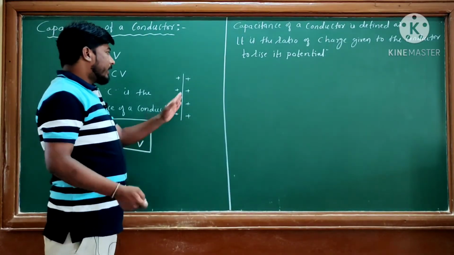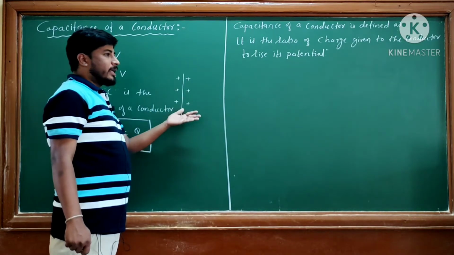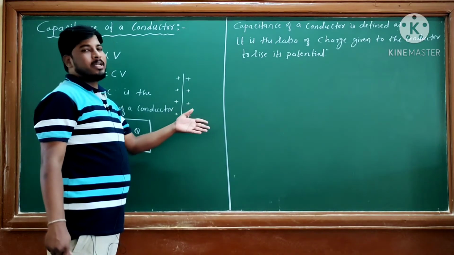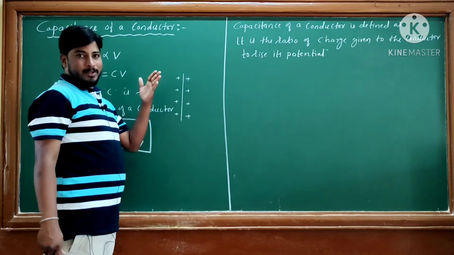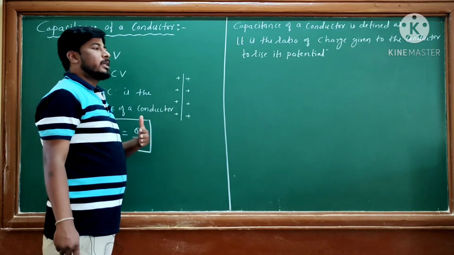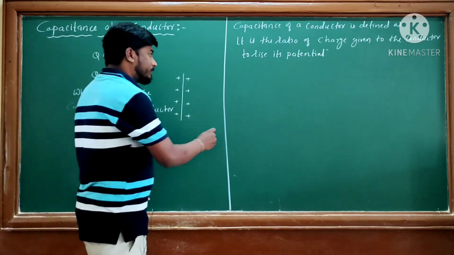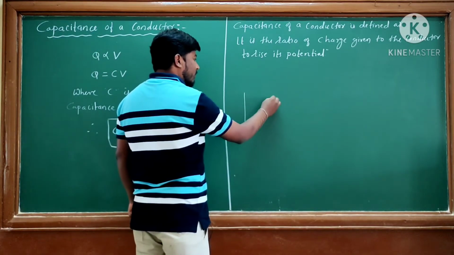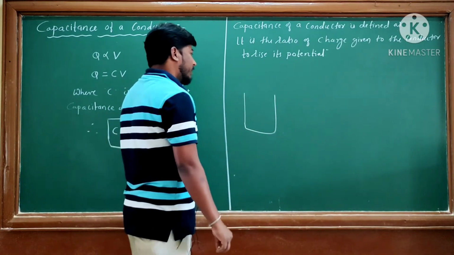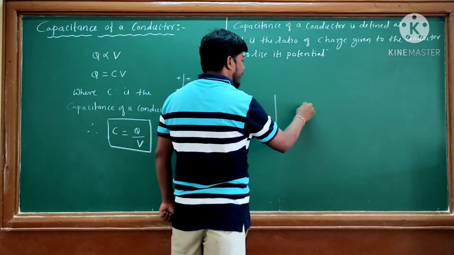It's a ratio of charge to the potential. So, whenever the conductor is given some charges, it will increase its potential. So it has a certain constant, or a capacity to store that charge. Say there are two kinds of shapes here. There is one conductor of this shape, and a conductor of another shape.